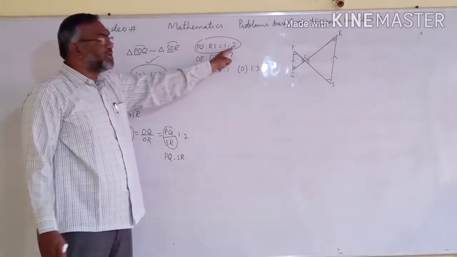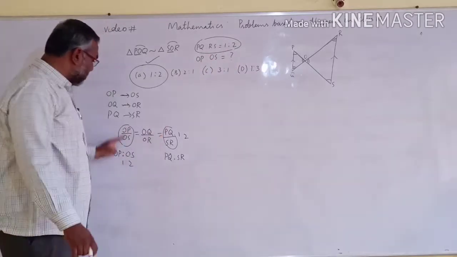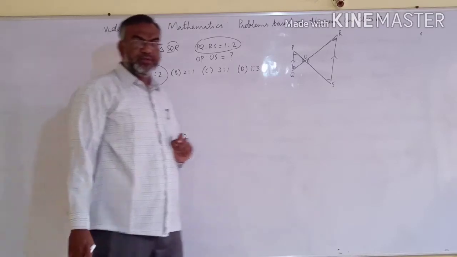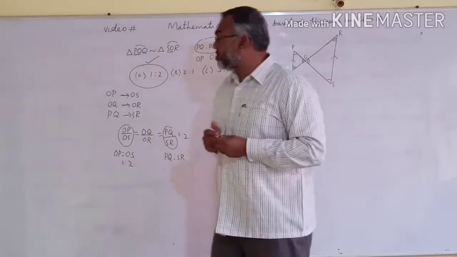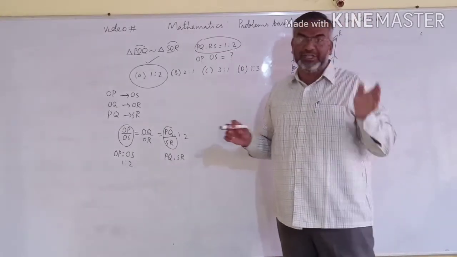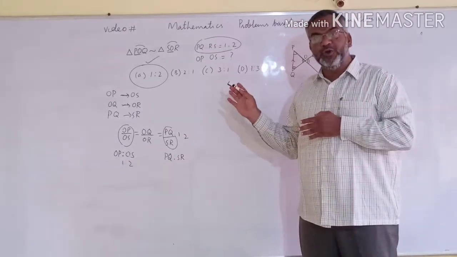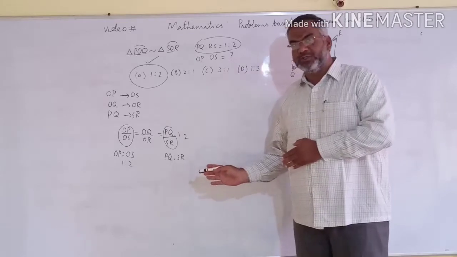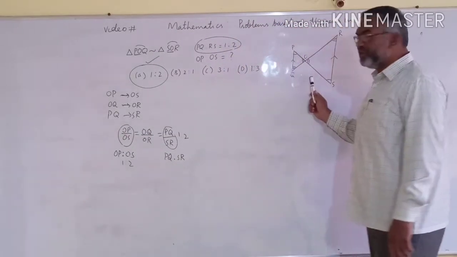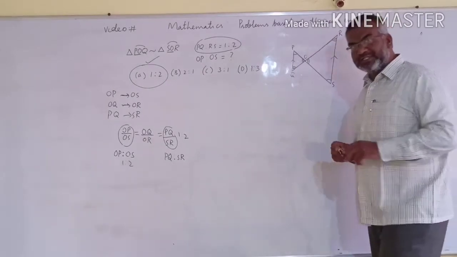So if this ratio is 1:2, this ratio must also be 1:2. This question is based on the SSS criterion. This theorem I have explained, and in my previous video I gave you the results also. I have shown you this type of result in the previous video, and the figure is also there. I hope you understand the question.